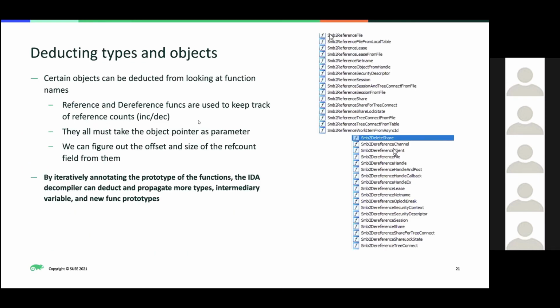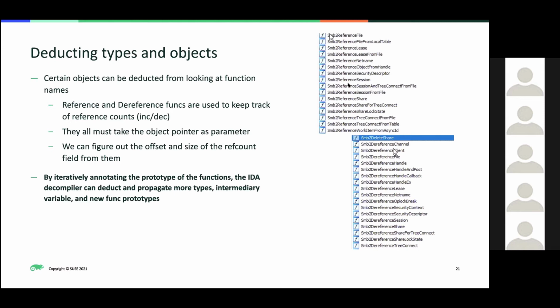By looking at the function names, you can deduce types and the objects the code is dealing with. For example, here you have all the SMB2 functions with reference and dereference in the name. These functions are used to keep track of reference counts for the objects.